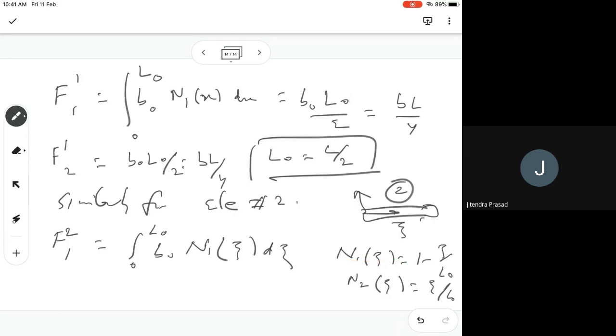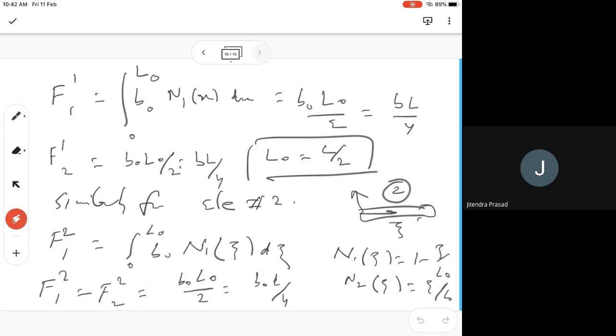So here also, if you do the integration, you will find F21 and F22 both become B naught L naught over 2, but L naught is equal to L over 2. That really means the value will be B naught L over 4 as earlier.